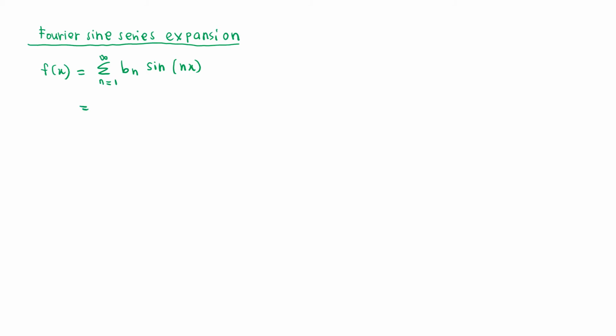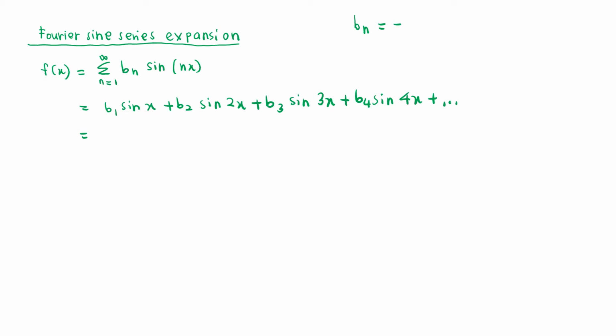We expand the summation, we get b1 sine x plus b2 sine 2x, b3 sine 3x, b4 sine 4x, and so on. Then we substitute the coefficients b1, b2, b3, and b4 using the bn that we obtained before, where bn is equal to negative 2 over n times negative 1 to the power of n.